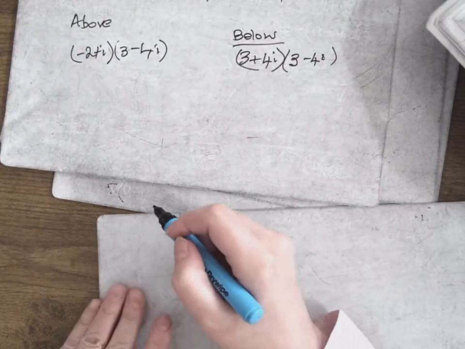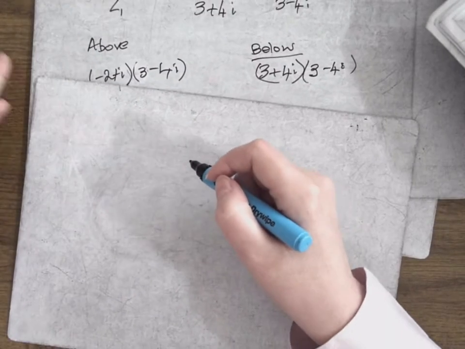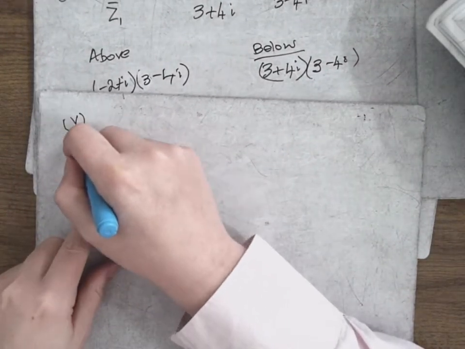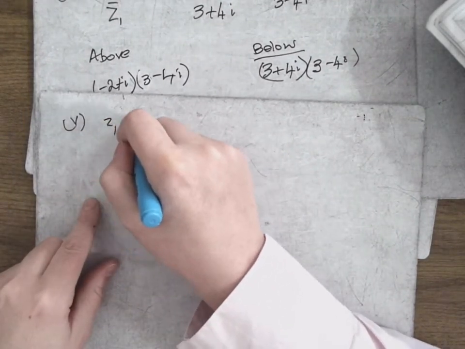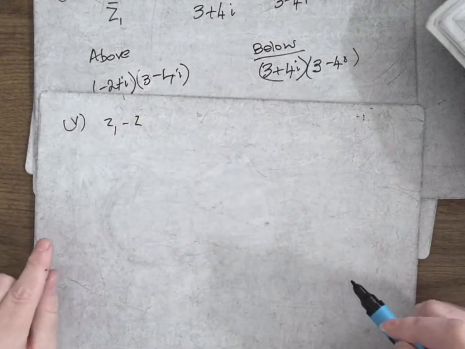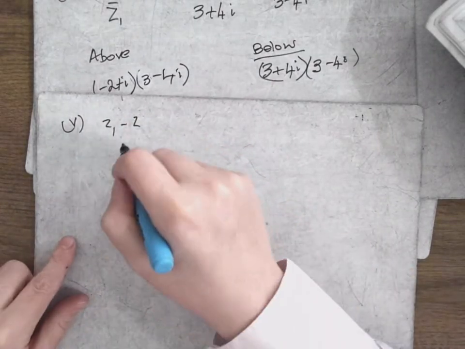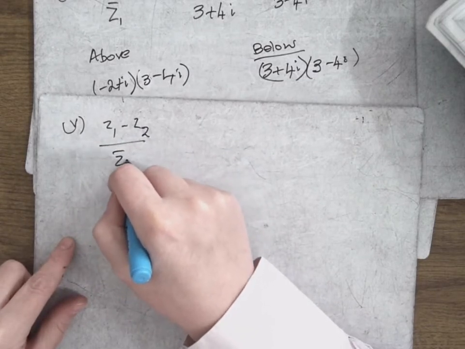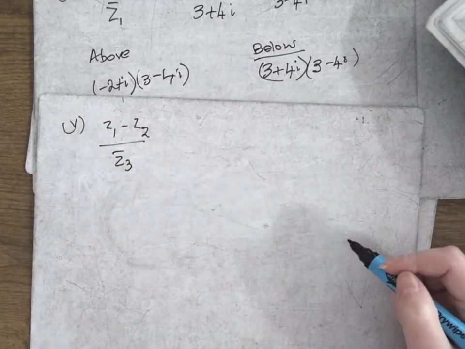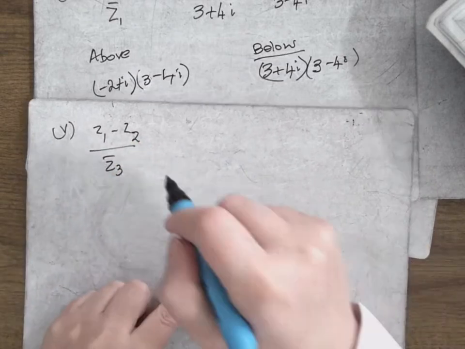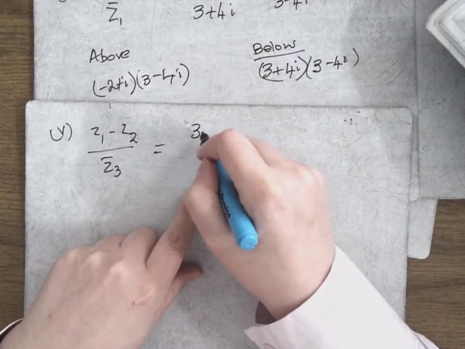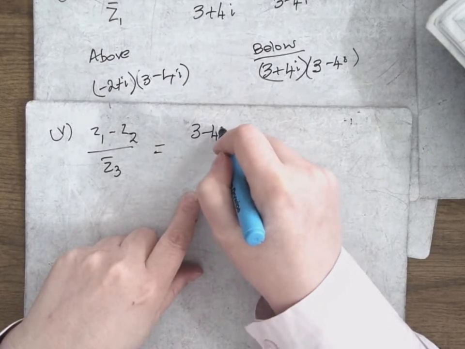So part 5 is Z1 minus Z2 on top, divided by Z3 conjugate. Okay, so I have to do Z1 minus Z2 on top before I start. Z1 was 3 minus 4i, and I need to minus Z2.